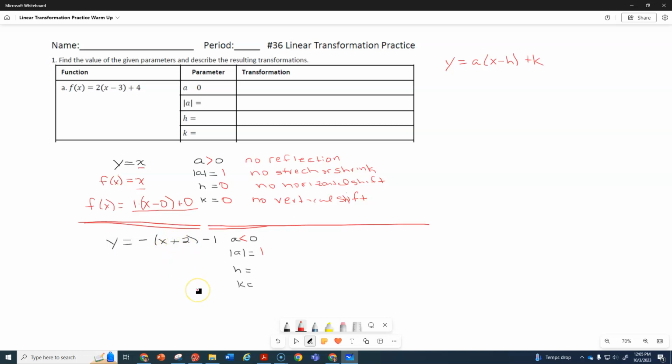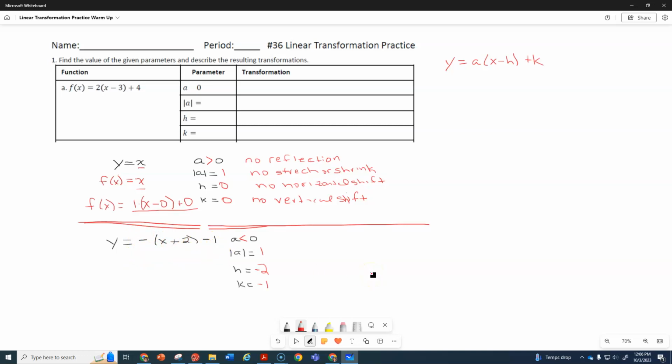The h is actually a -2, because we plugged a -2 in on top of this minus. We said x minus a -2. That's why we're seeing a plus. But the k is whatever sign you see. So we see a -1, so the k is -1. So those are the values. You should be able to always look at that and give me a value of a, h, and k.